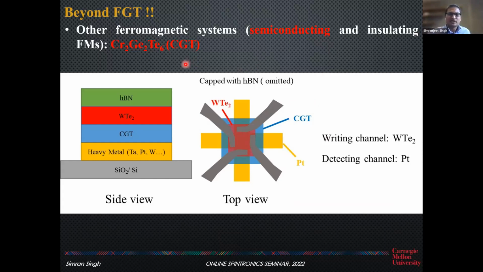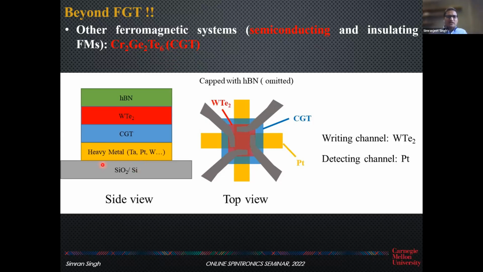For the semiconducting ferromagnet, we are working with chromium germanium telluride, CGT, which has a Curie temperature of around 80 Kelvin, but people have shown interesting things such as tuning the saturation magnetization with the electric field and so on. These are additional functionalities that can be offered by this material for spintronics applications.